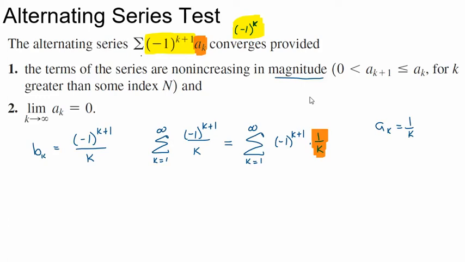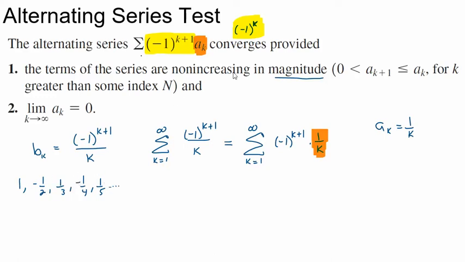In the last video, we wrote out our terms. Our b sub k terms were 1, -1/2, a third, -a fourth, a +fifth, etc. If I'm looking at the magnitude of these terms, it's 1, 1/2, a third, a fourth, a fifth.